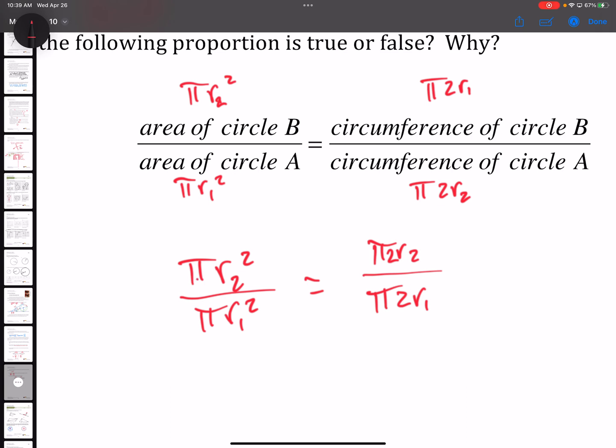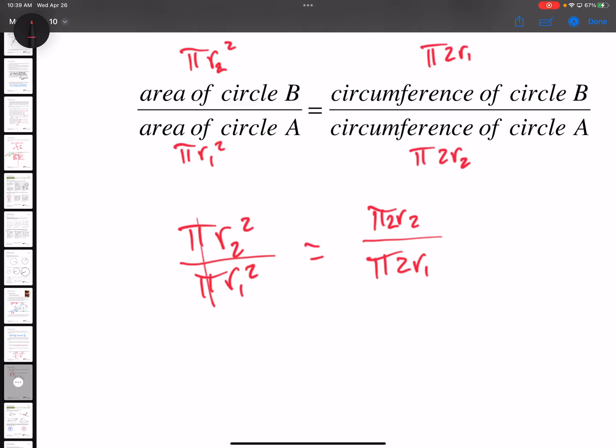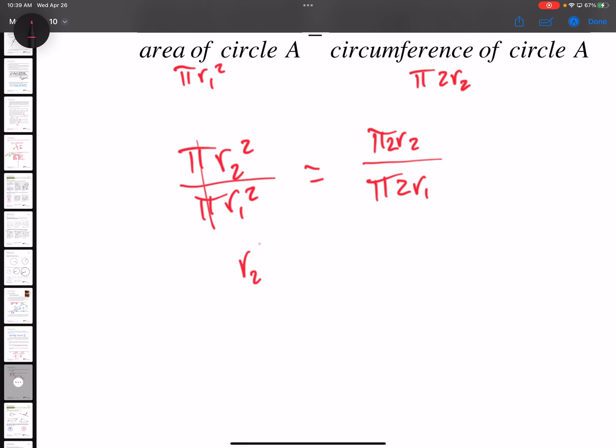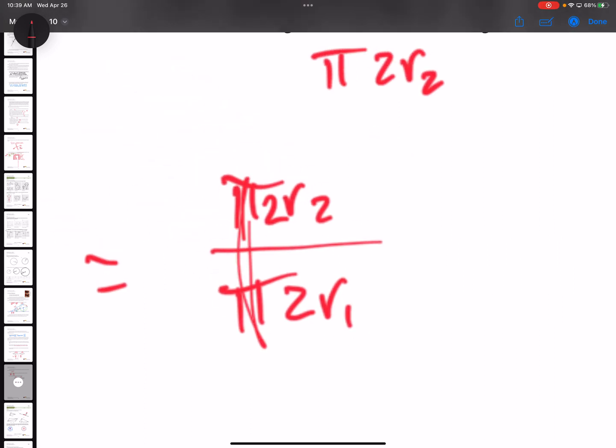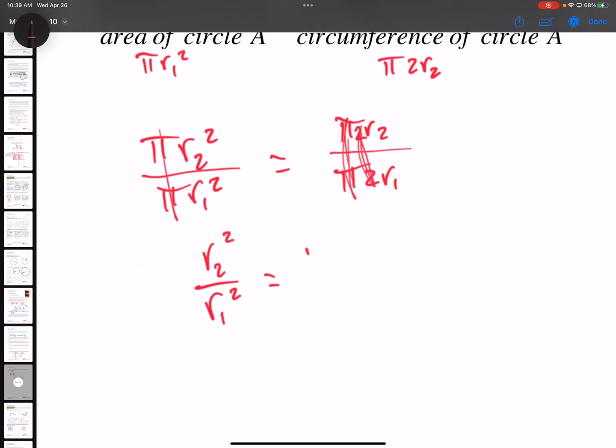On this left-hand side, what cancels out? Pi. So we've got r2 squared divided by r1 squared. And on the right-hand side, what cancels out? Pi and 2, not the r though. So we've got r2 over r1. So they're the same, yeah? Are they?